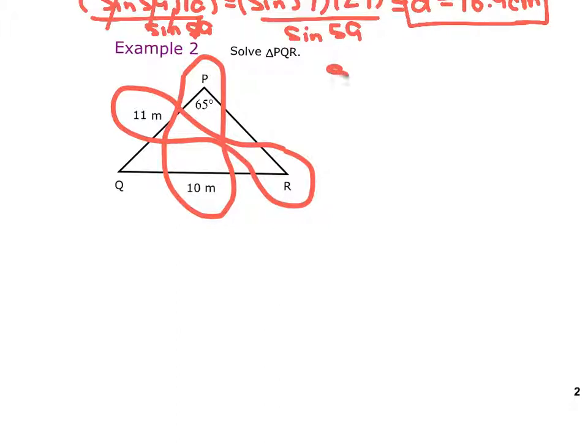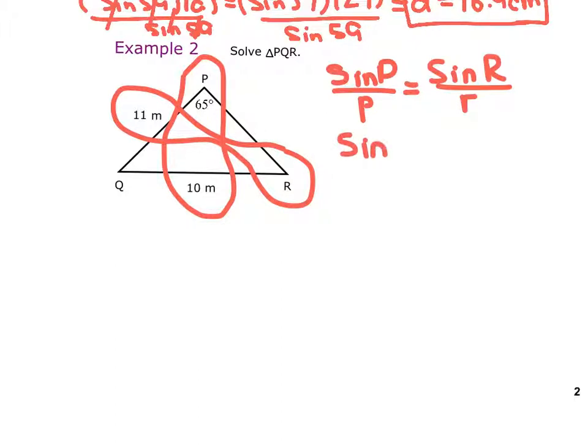So we would go sine P over little p is equal to sine R over little r. So this one's a little bit different when you go to solve it because you're going to be solving for an angle, and angles tend to be a little bit more complex in the algebra required. So we plug in the information. So sine 65 divided by 10 is equal to sine R divided by 11.